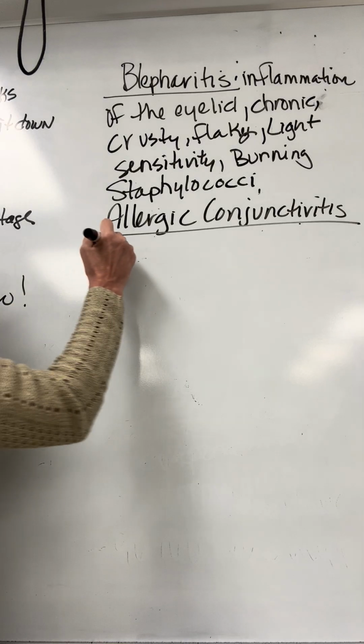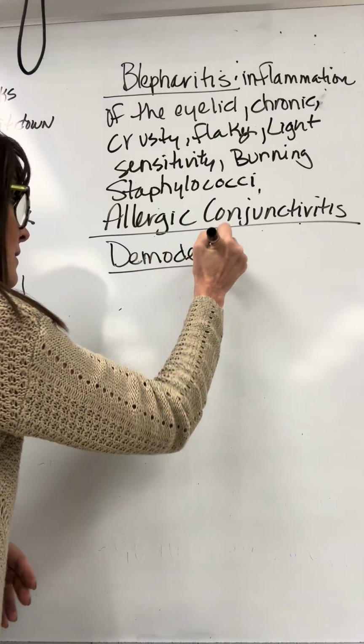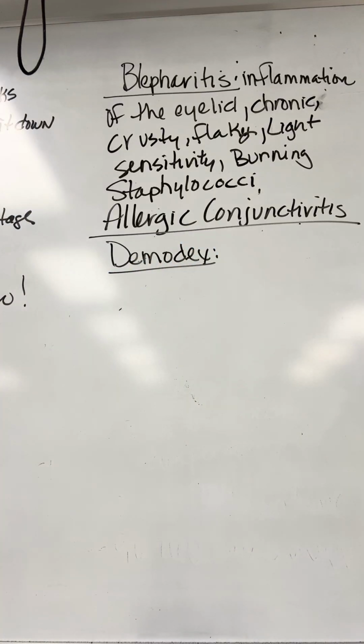Demodex. This is actually a bug. And it looks disgusting. It's microscopic, but it kind of looks like a worm. It looks like those things that are in your grass, eating your grass up.